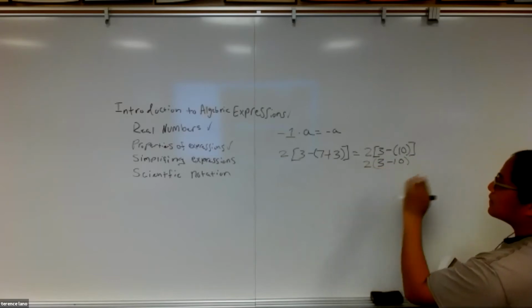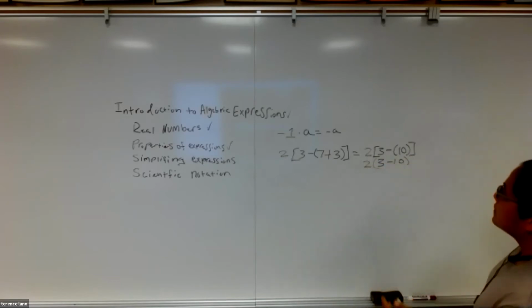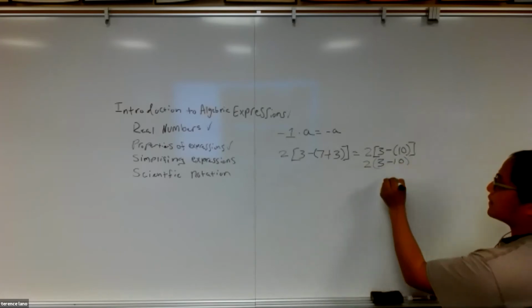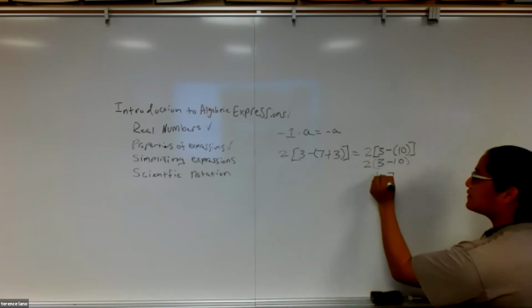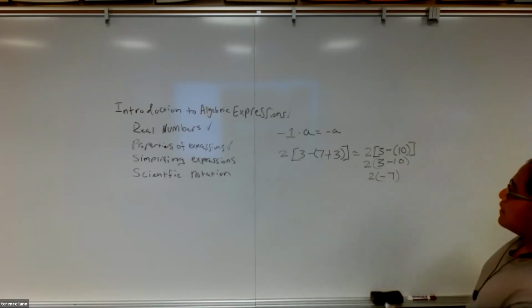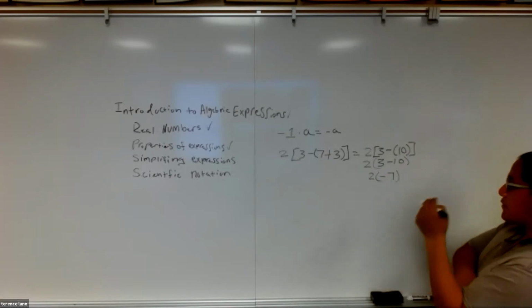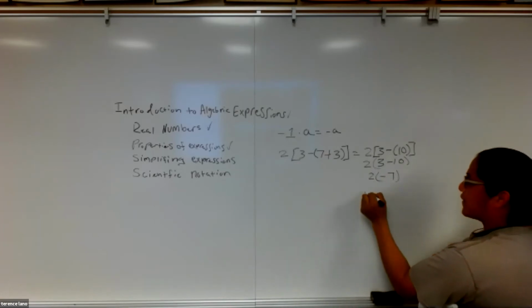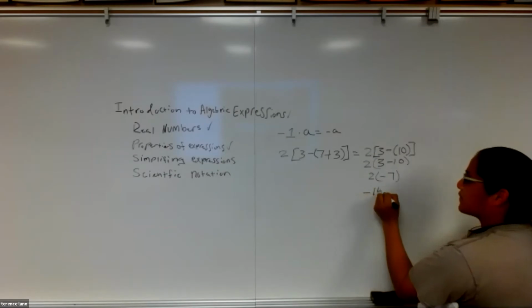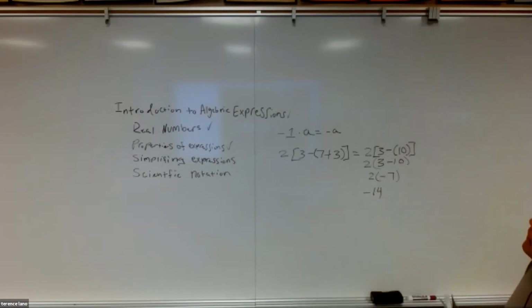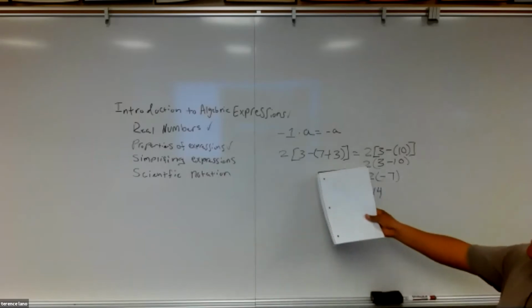And if we combine or subtract this, we're going to get negative 7 times 2. And the law of multiplication of opposites is going to be a negative, and we're going to be left with negative 14. And that is going to be our answer for this equation.